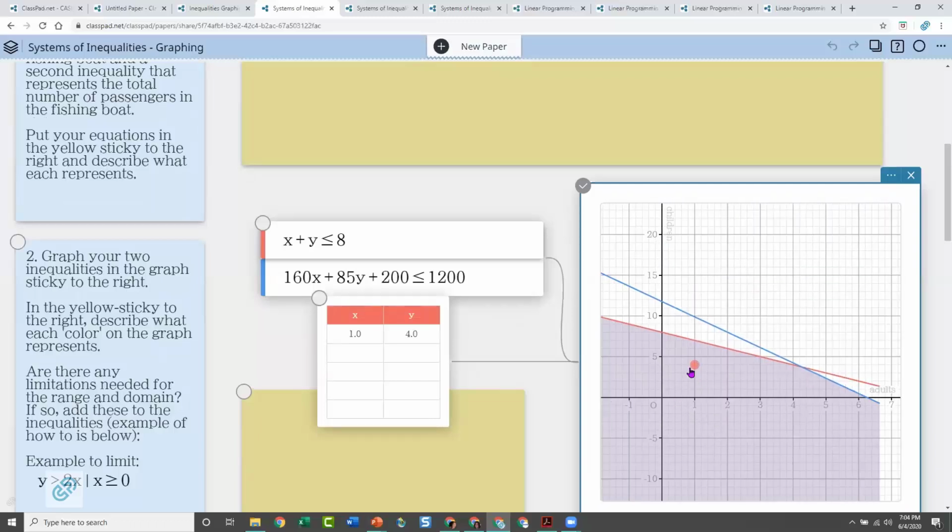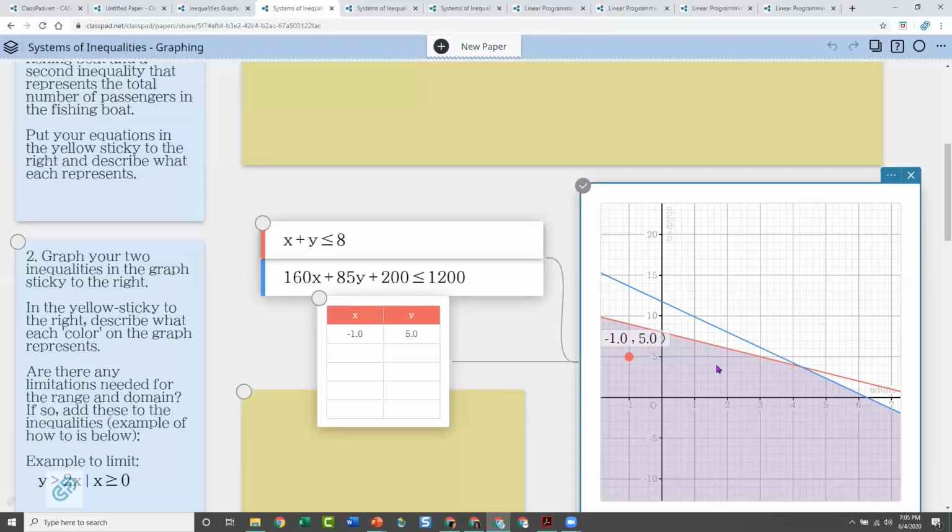So here's this point, right? So this could be a possible solution, but if I put the point here, let's look at what it means. Adults are the X, and Y is the children, this is saying I have -1 adults and 5 children. Does that make sense? Could that be a possible solution in the context of this story?